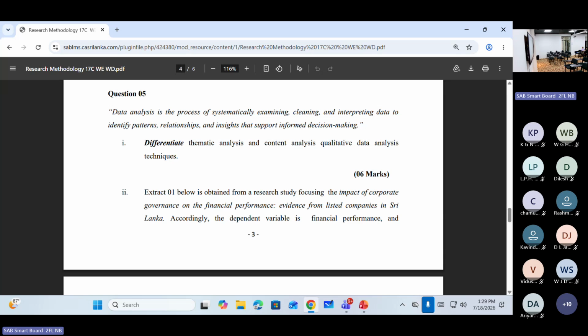Thematic analysis and content analysis. Thematic, themes.